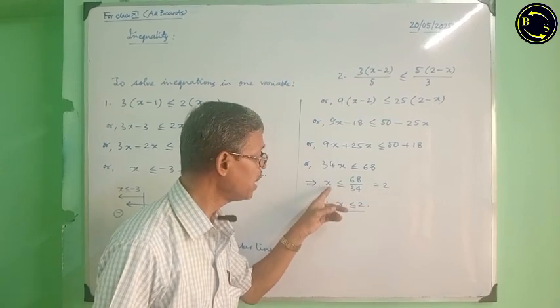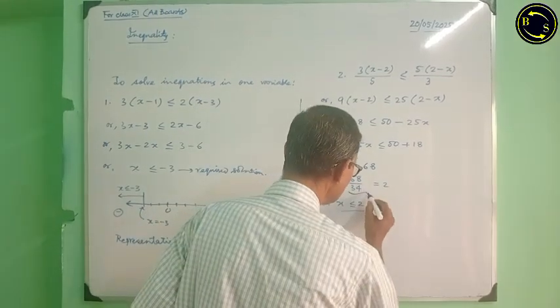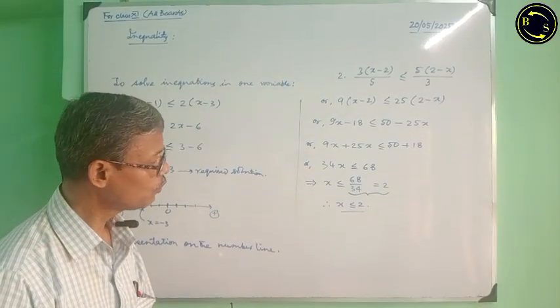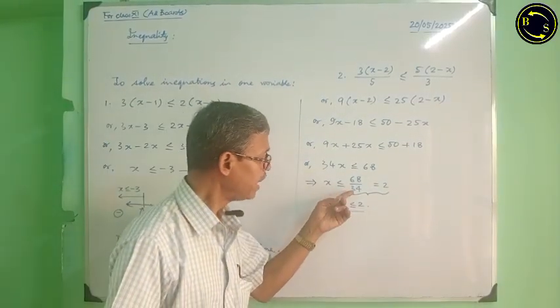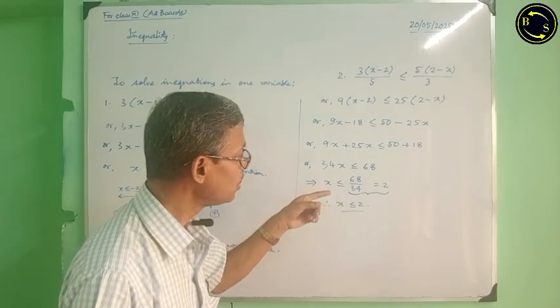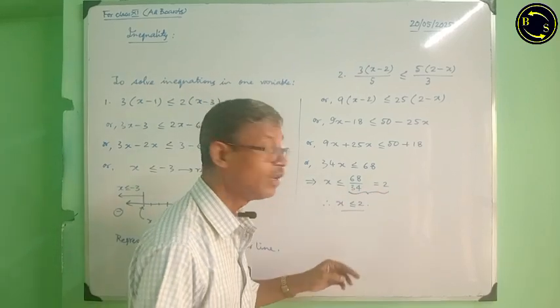Don't think that x is equal to 2. This one is different. 34 at the denominator means we are dividing 68 by 34. The value is 2.